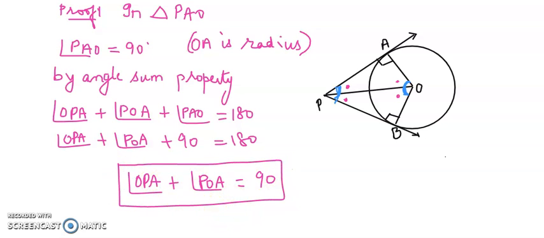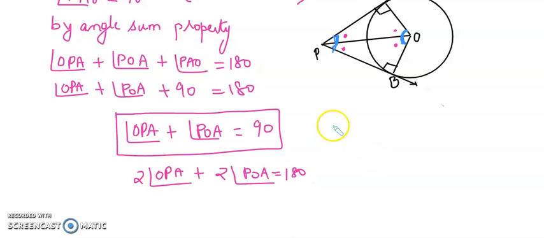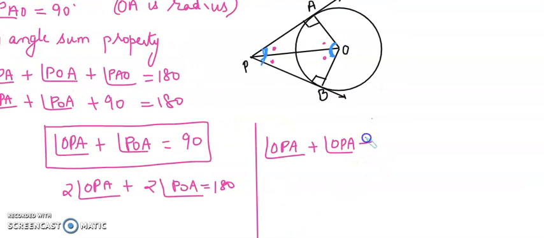Now we are doubling it, means multiplying 2 throughout. So 2 times OPA plus 2 times POA is equal to 180, right? I'm going to write it on the right side because we need the diagram next to each other. So let's open 2 times of OPA as OPA plus OPA, and 2 times of POA as POA plus POA, and that is equal to 180.